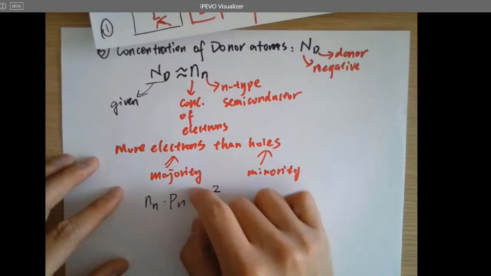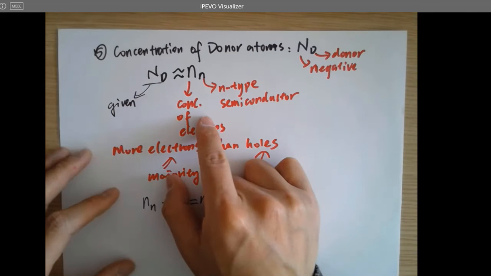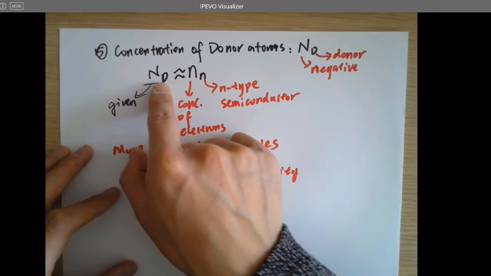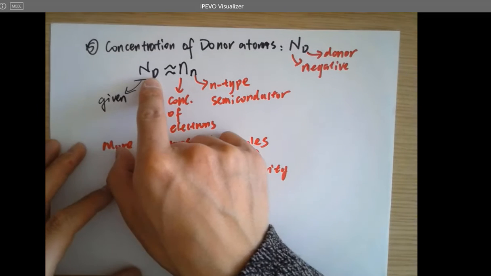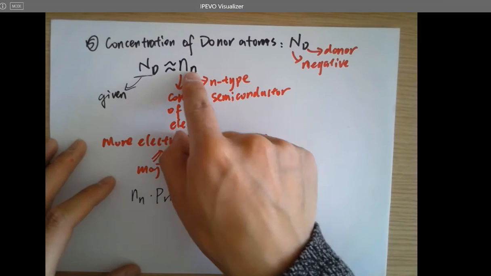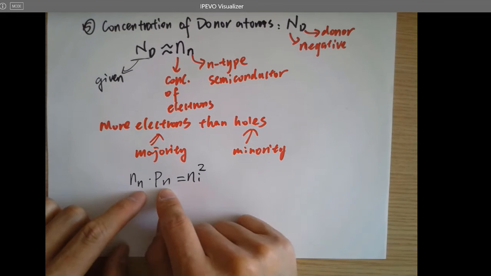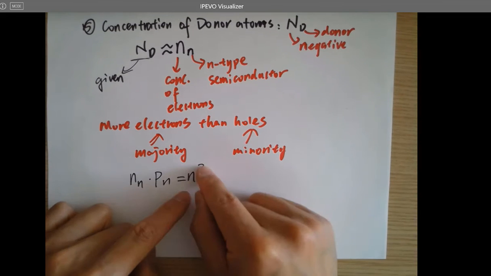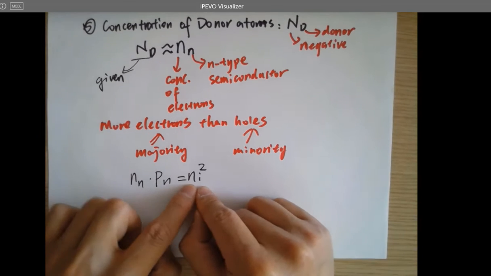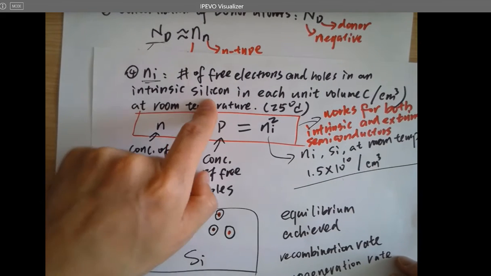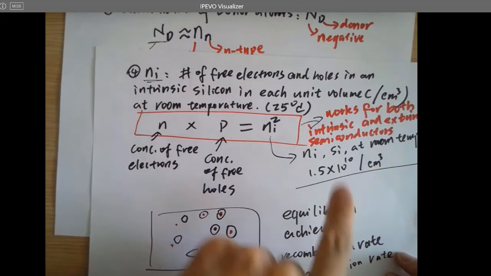So this is not intrinsic because this piece of silicon has been doped with a donor, which is phosphorus. N times P in the N-type semiconductor equals Ni squared, and Ni is the number of free electrons and holes in intrinsic silicon, which is given.